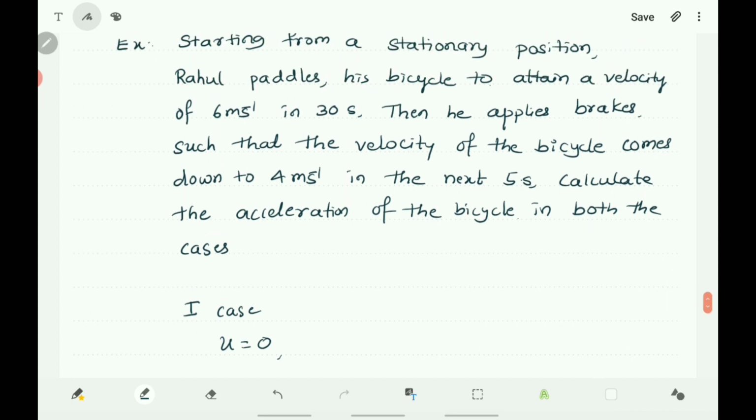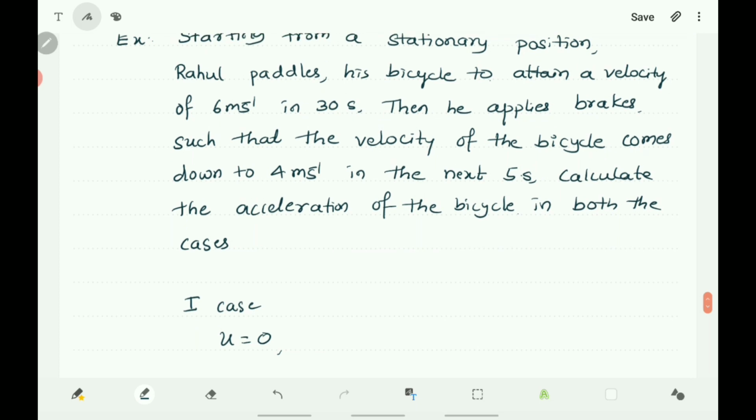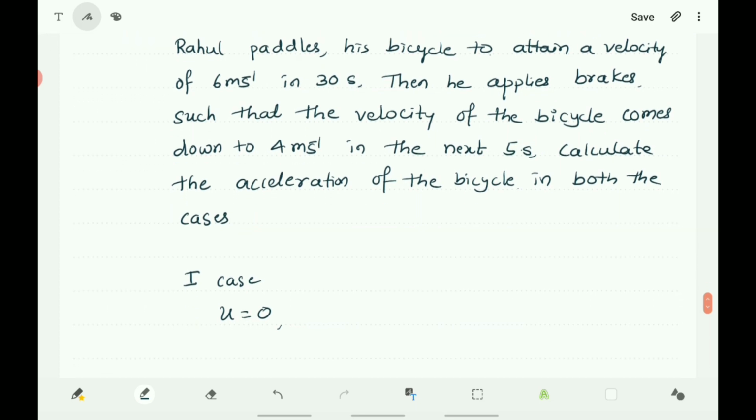U is equal to 0. Next, its velocity reaches 6 meter per second. So let us consider that is v. V is equal to 6 ms^-1. What is the time taken to reach that velocity? That is t, which is 30 seconds.